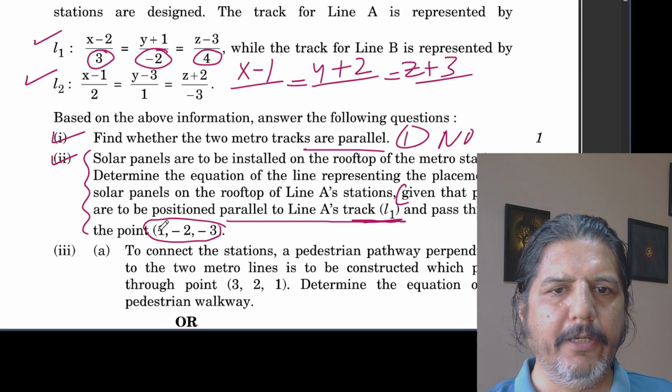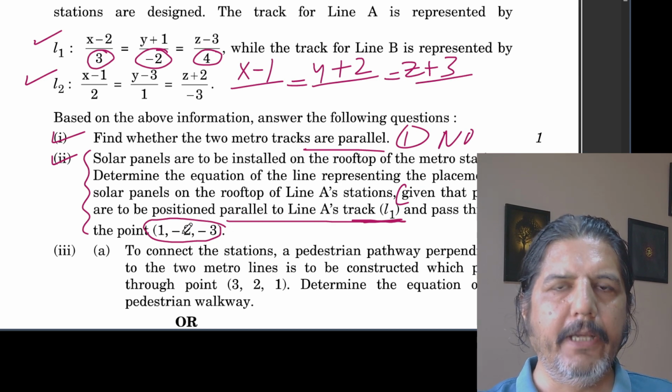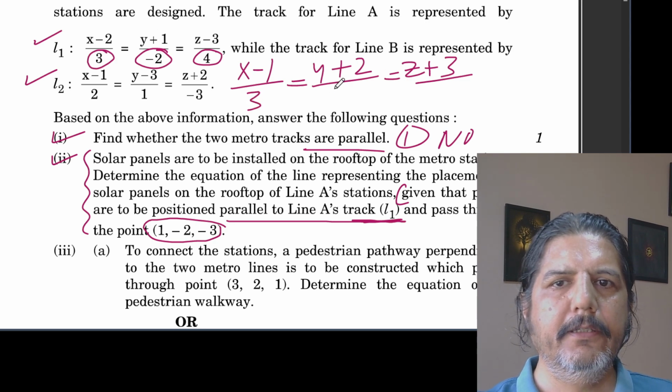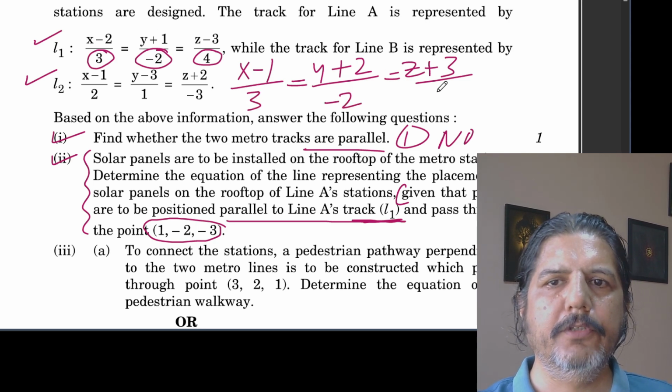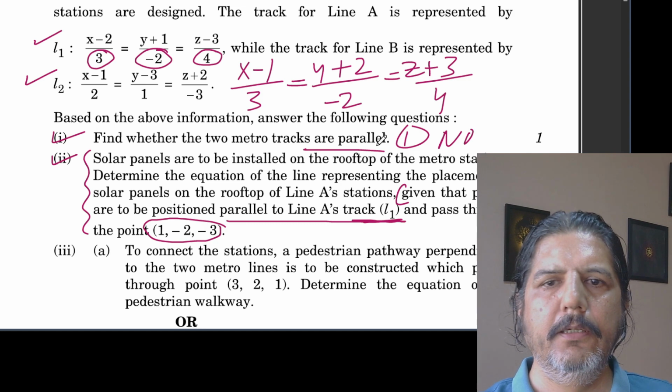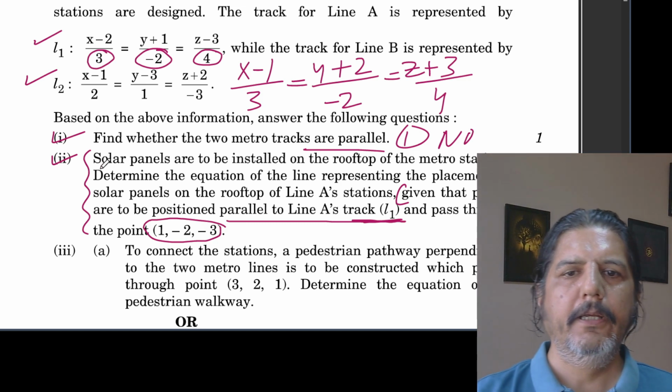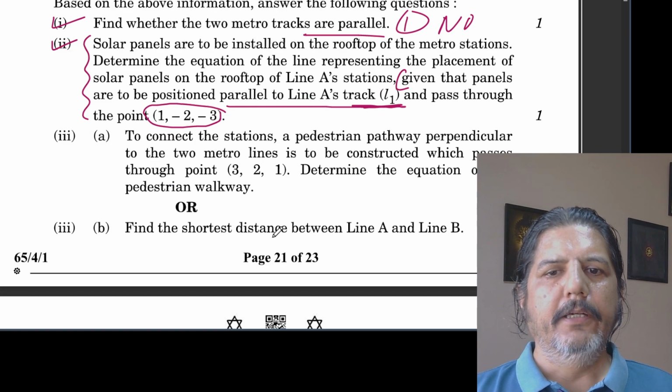Why? x minus 1 is 1, y minus (minus 2) is plus 2, z minus (minus 3) would be plus 3, and I'll write the direction ratios here. So this is my second part. The second part is also simple. Let's come to the third part.